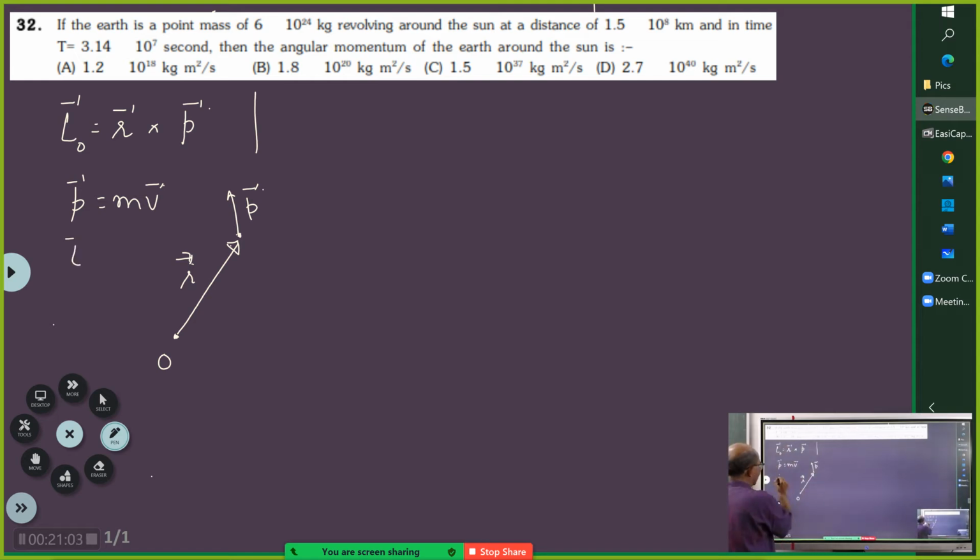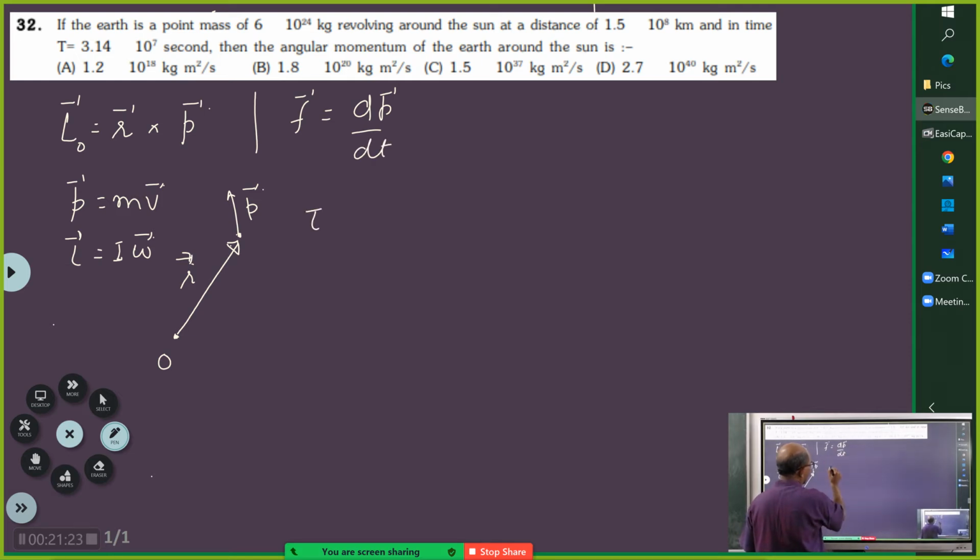Here we are going to write L bar is equal to I omega. And for linear momentum, F bar is equal to dP bar by dt. So here we are going to write tau bar is equal to dL bar by dt. That's the difference. So everything is similar. Angular momentum and these equations are similar.